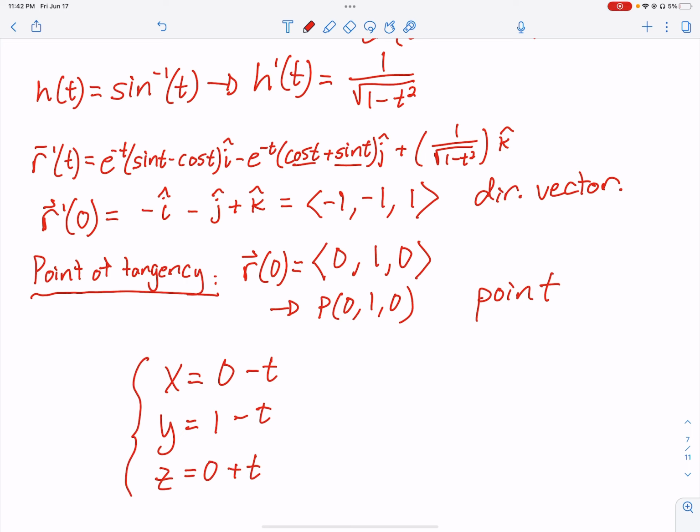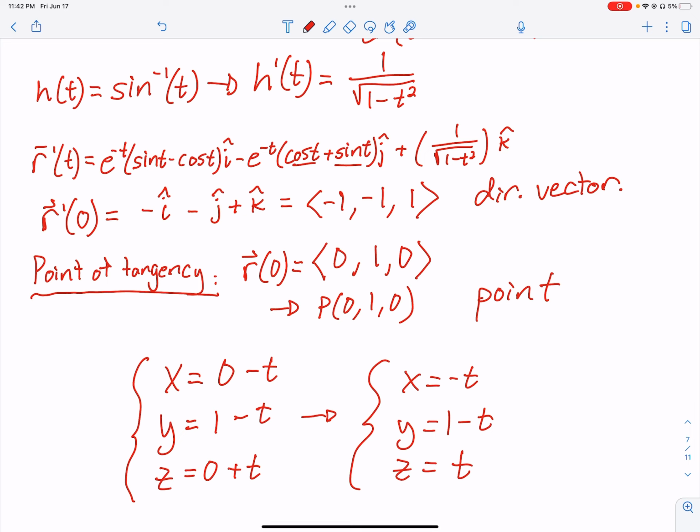We could rewrite this, simplifying: x equals negative t, y equals 1 minus t, and z equals t. So there is the equation of my tangent line. It feels very familiar. The only thing that's a bit different is we're dealing with a bunch of vectors instead of just a straight number.